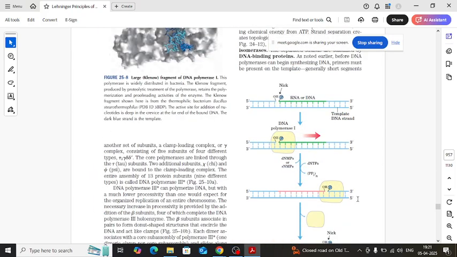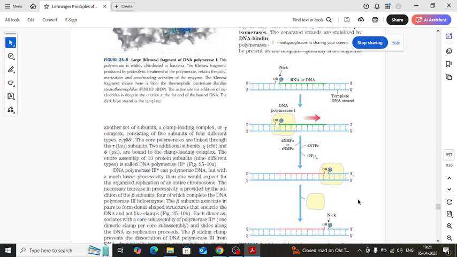Okay, so next we will see the nick translation by DNA polymerase 1. When there is a nick, for example, in the lagging strand there are Okazaki fragments, and between two Okazaki fragments there is a nick. To repair this nick, DNA polymerase 1 will bind and show its 5' to 3' exonuclease activity.